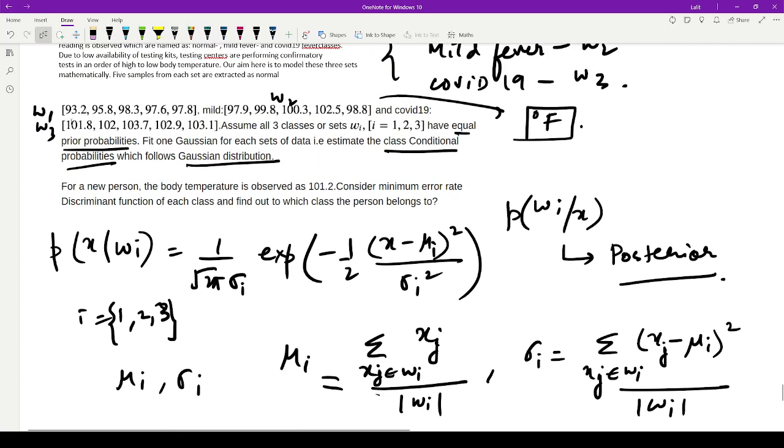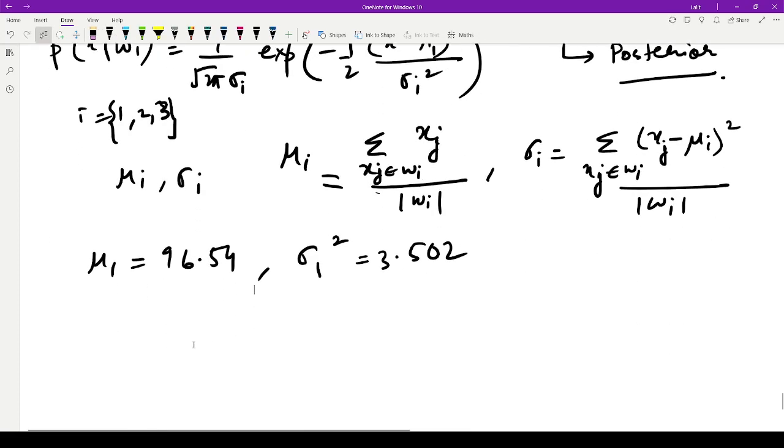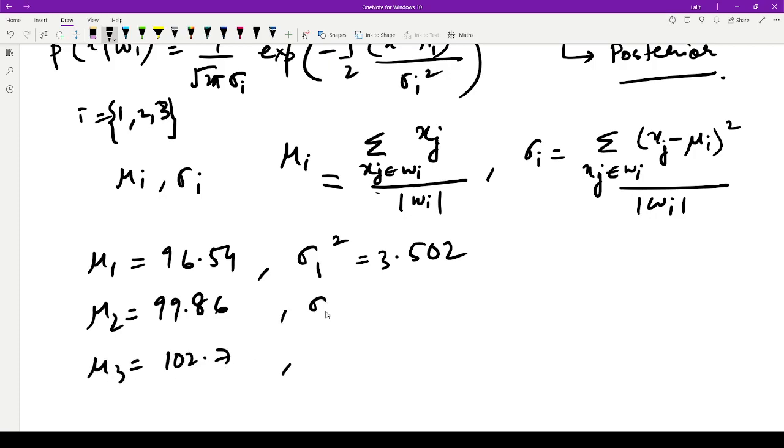Since I said the unit of the data points is degree Fahrenheit, what should be the unit of the mean?